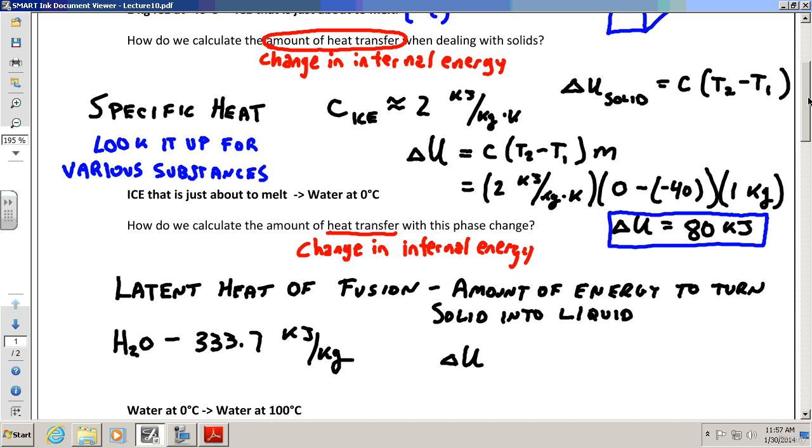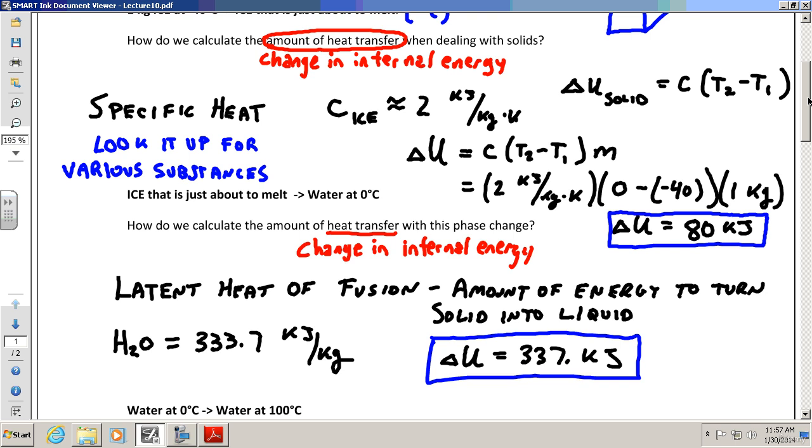The change in internal energy is equal to 333.7 kilojoules, because it's just 1 kilogram. Again, you just look this up. It's called the latent heat of fusion, because we have a phase change here. You're not changing its temperature. You're just changing its phase from ice to water.